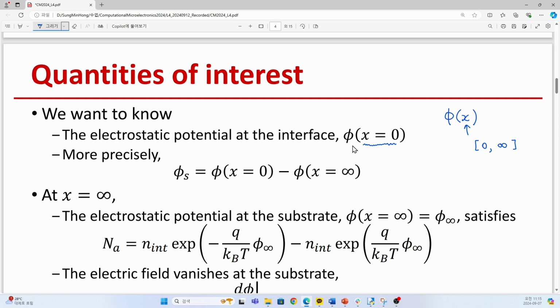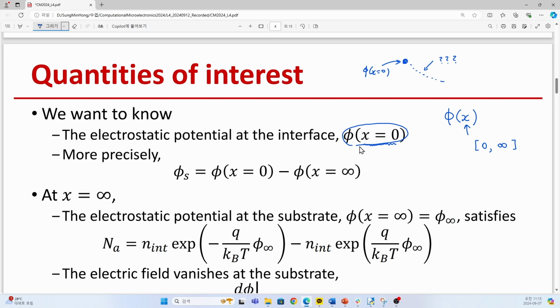So we want to know this quantity. Of course, if we know this quantity phi at x equal to 0, that does not necessarily mean that we have full information about the form of the electrostatic potential inside this system.